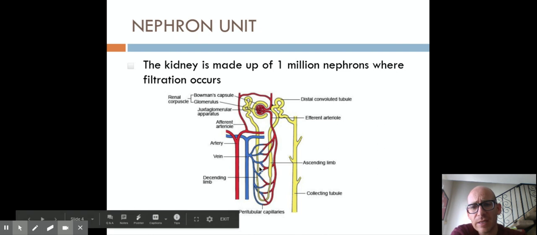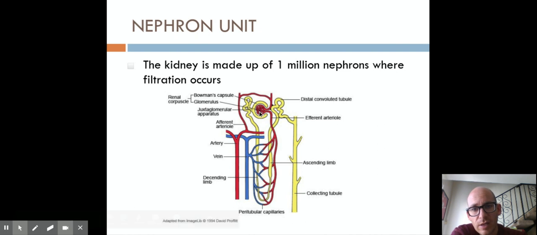So basically, what is happening here is the blood gets forced inside this capsule, and a lot of the blood gets pushed into the tubule, okay, into Bowman's capsule.